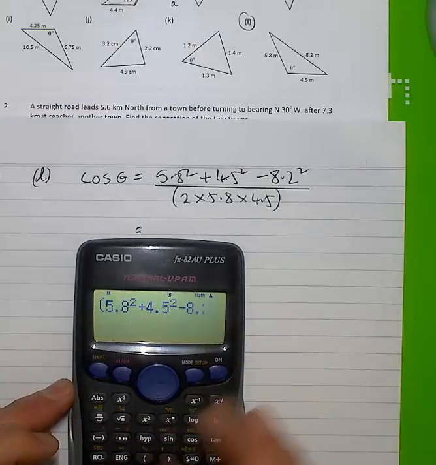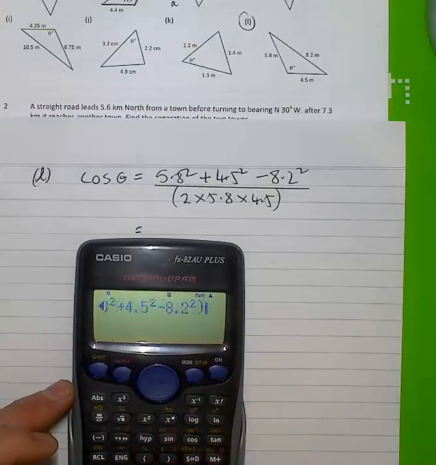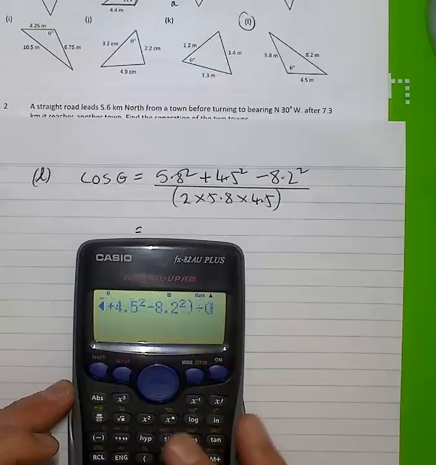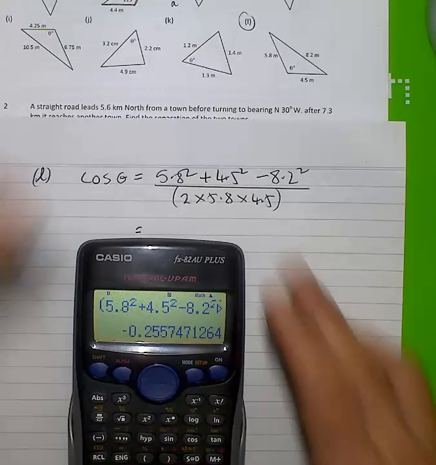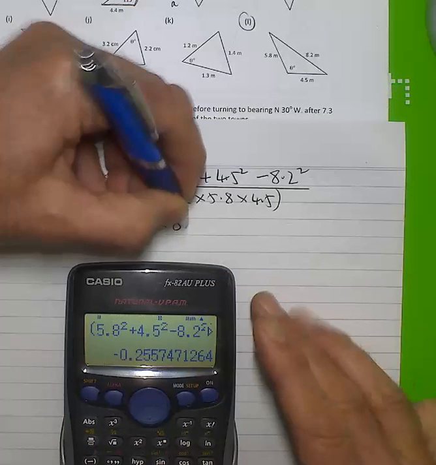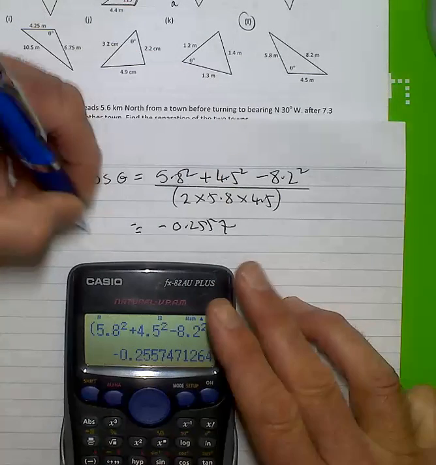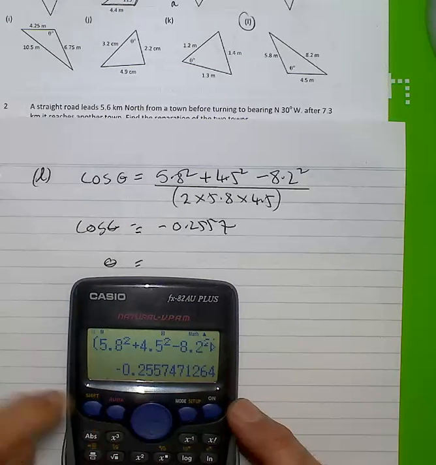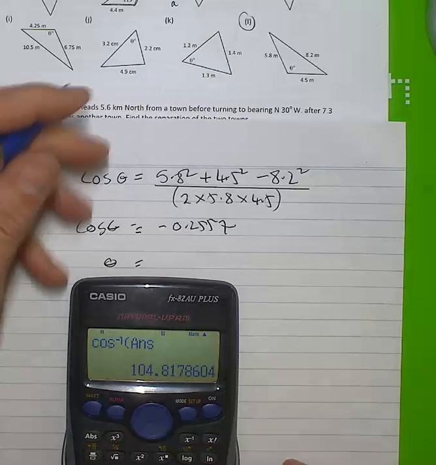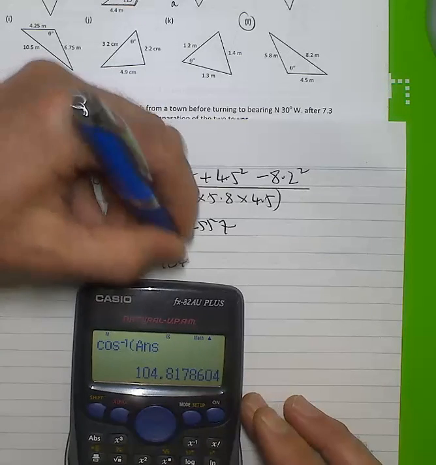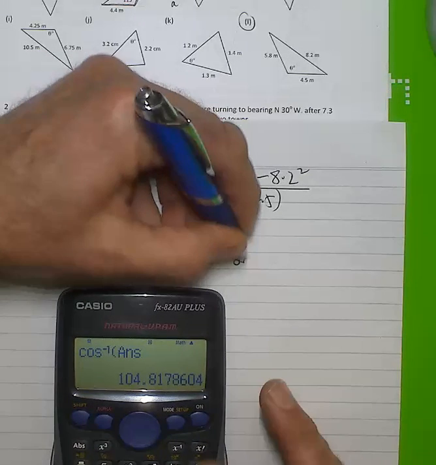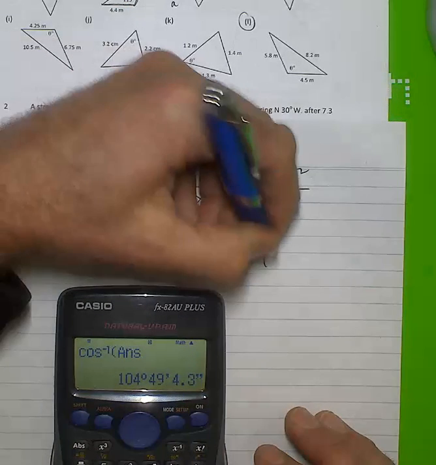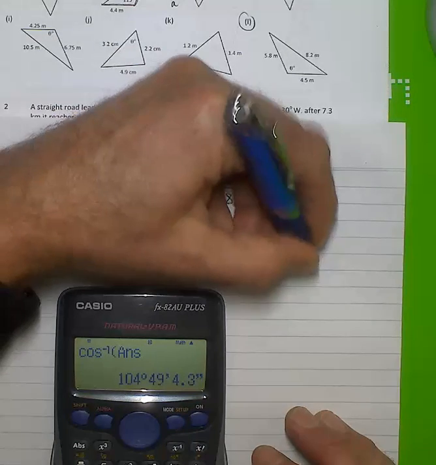Everything on the numerator has been kept in one bracket. So I get negative 0.2557, and hitting the cos to the minus 1 function, end up with 104.82 degrees, or if you wanted to, 104 degrees, 49 minutes.